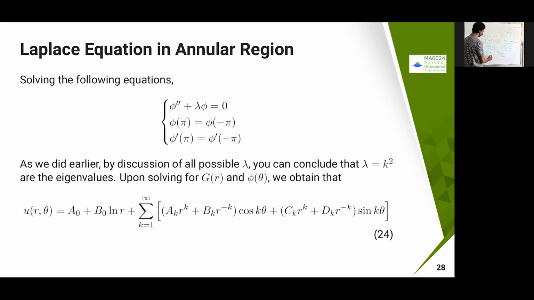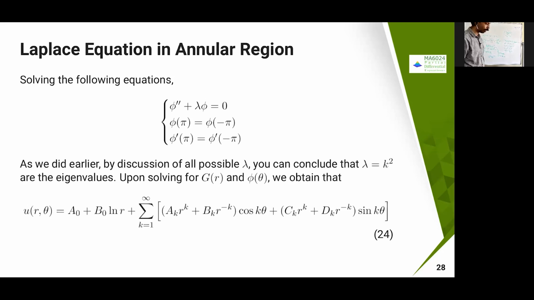You know the Euler classification solution is something like y equal to x power m, if it is of the form x square y double dash plus a x y dash plus b y equal to 0. Then you substitute the values with the same kind of logic here, and you get the solution with r power k and r power minus k, etc.